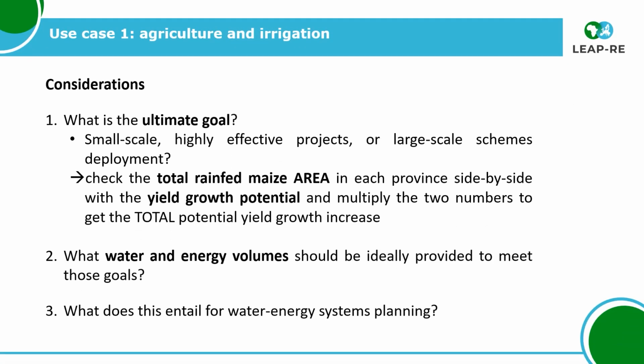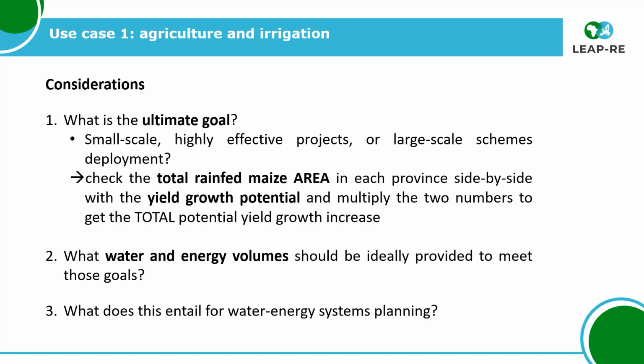So altogether, from this first example, we can try to answer the question, depending on our goals, on our ambition, on our level of target, such as the example of Anne here in this first case, of whether small-scale, highly effective projects or large-scale irrigation schemes are more suitable to target a certain crop, a certain target.